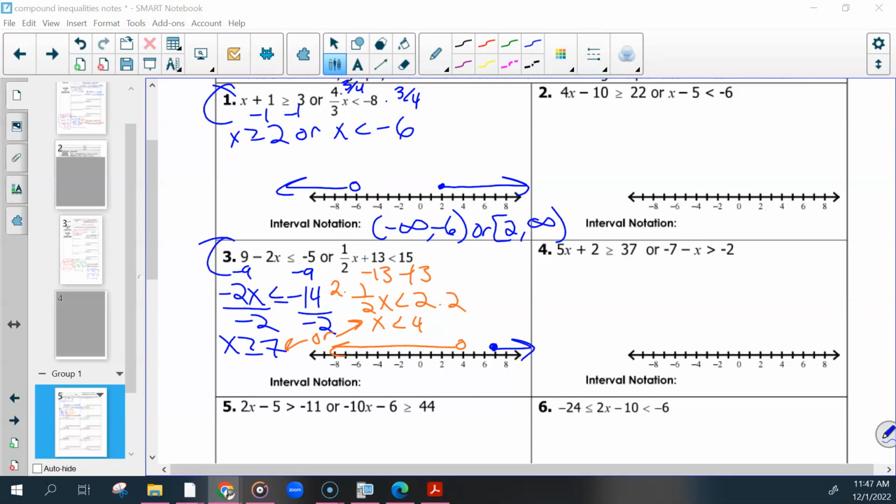Okay. Other questions on this? I'm going to show you an example of both the and or concatenates. So on the very back of your notes, write this down.